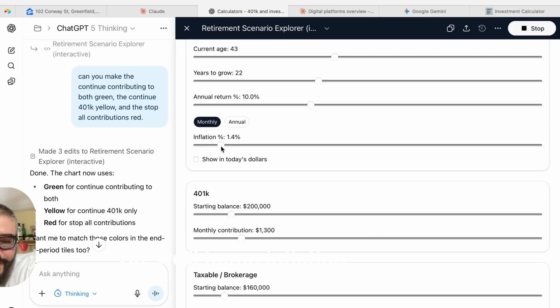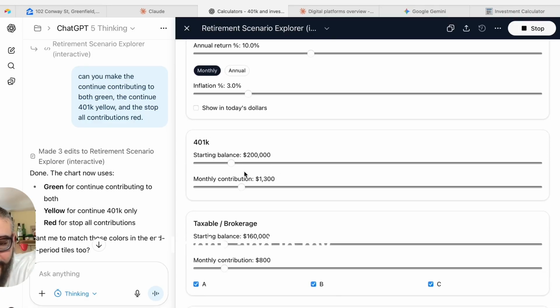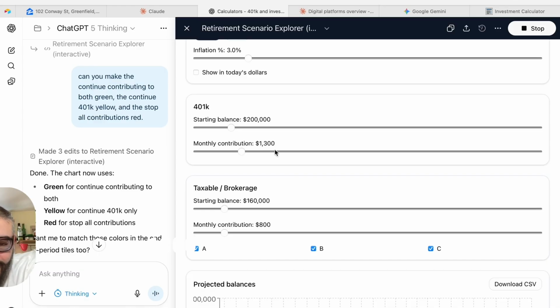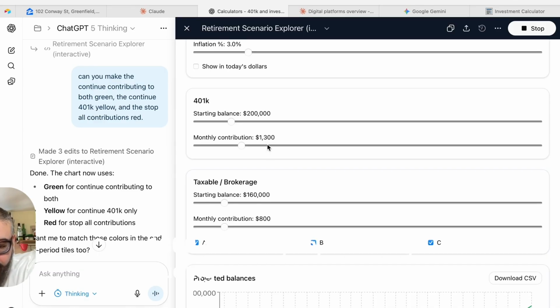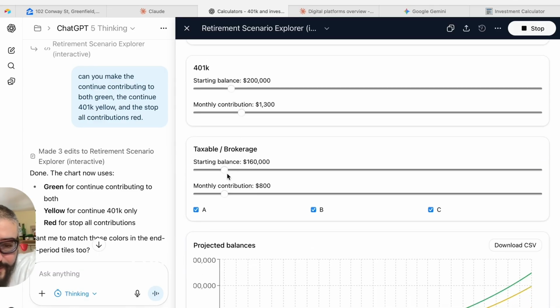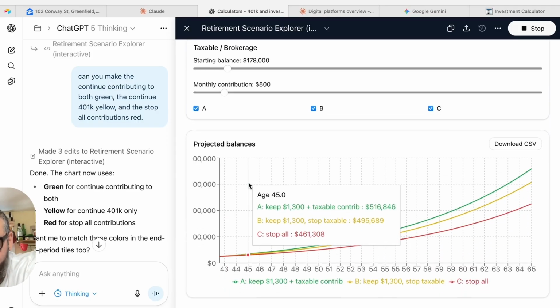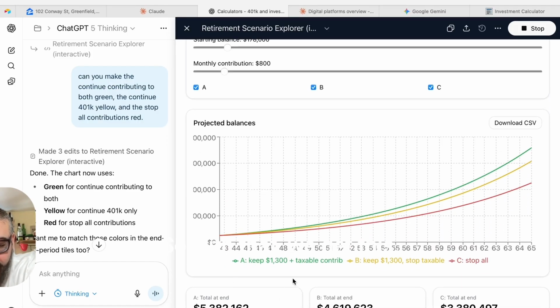We'll bump inflation up to 3%. And in my 401k, I do have 200k. I'm putting 1,300 a month into that, including my employer's match. I do have a brokerage account. This is actually right around there right now. And I am contributing an additional $800 a month into that account. So with that, we get this chart down here.